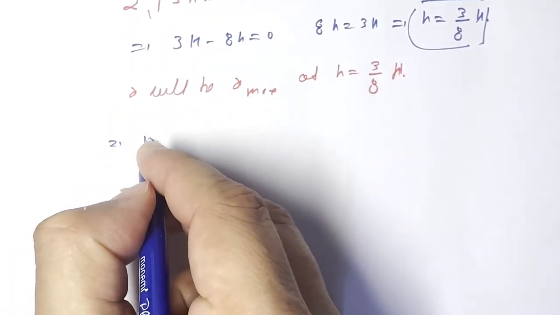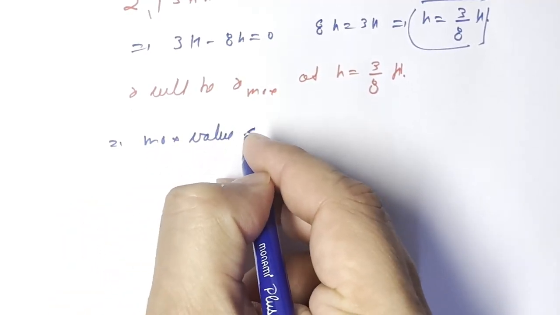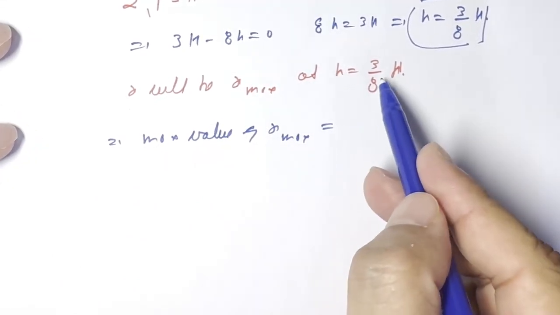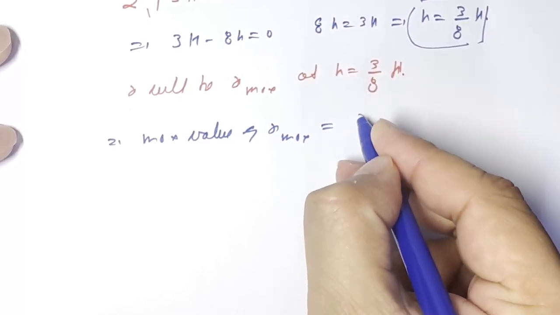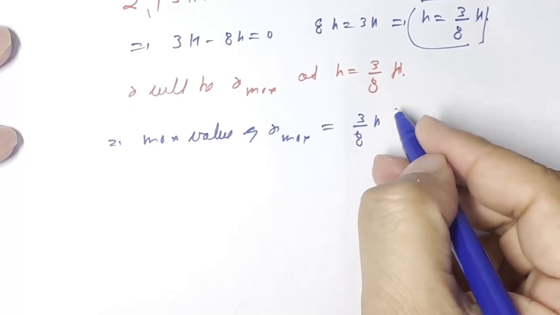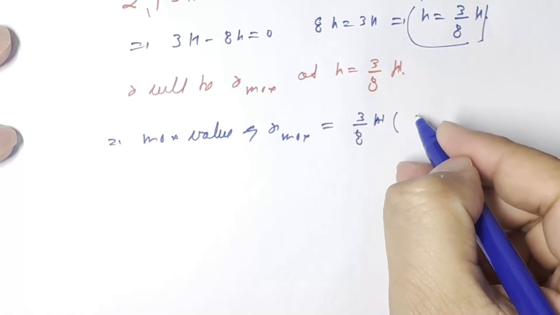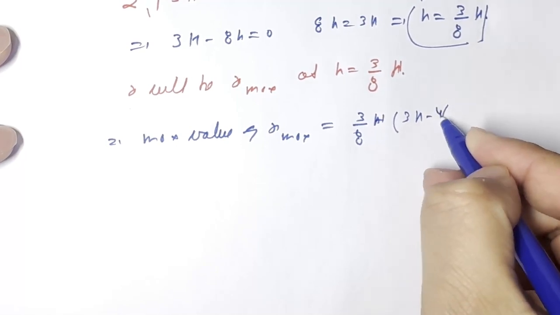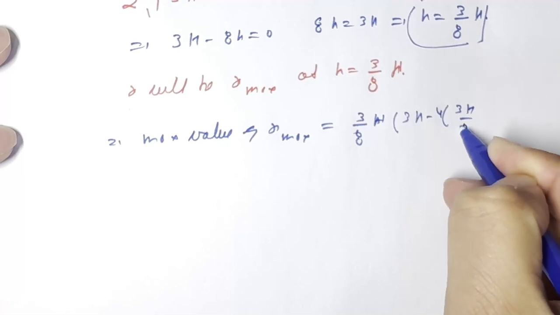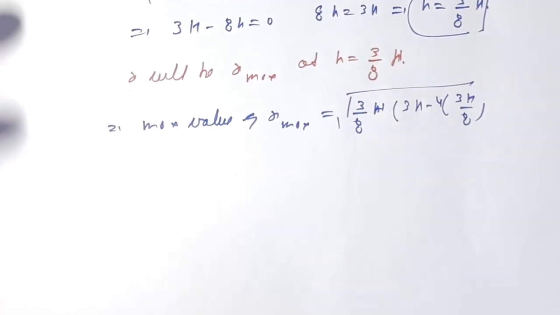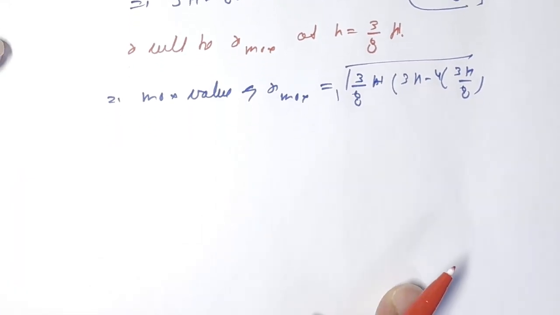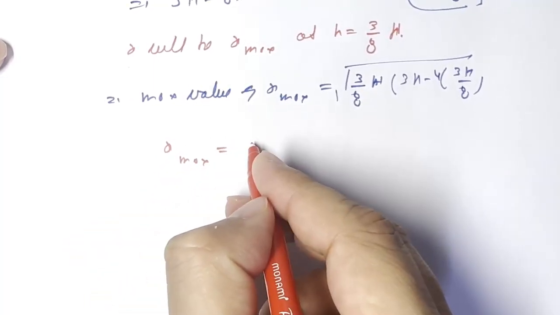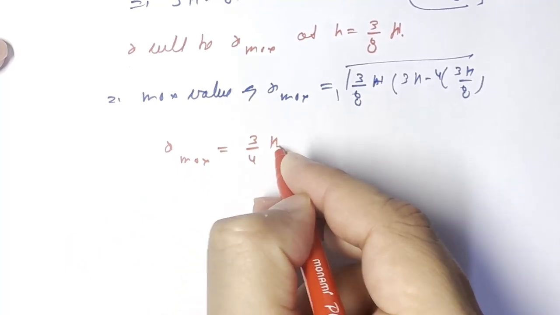So we substitute the value of small h as 3 by 8 capital H, so this becomes square root of 3H minus 4 multiplied by 3H divided by 8 times 3H by 8. It's quite a simple calculation. Directly we can write that x max will be equal to 3 by 4 times capital H.